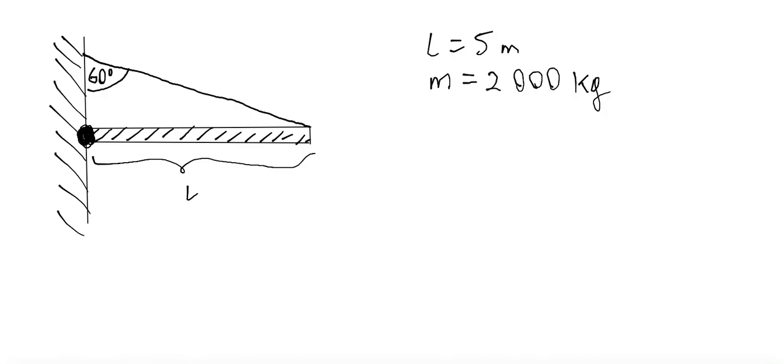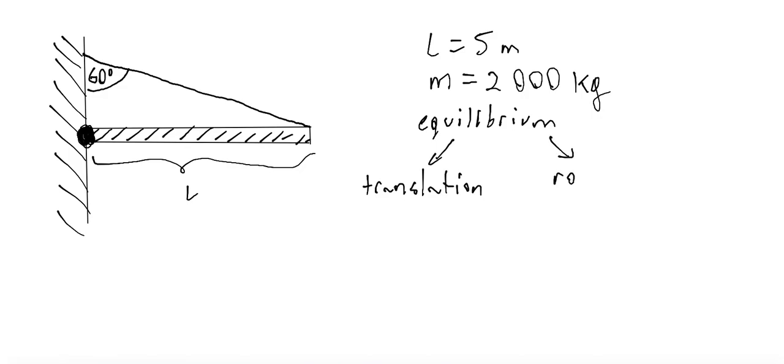And the question is, the bridge is in equilibrium. What does it mean? Equilibrium now means something different, because in the case of movement we have translational equilibrium, which means that the bridge doesn't move, doesn't accelerate left, right, up, down, and rotational equilibrium, which means that the bridge doesn't rotate around this pivot.